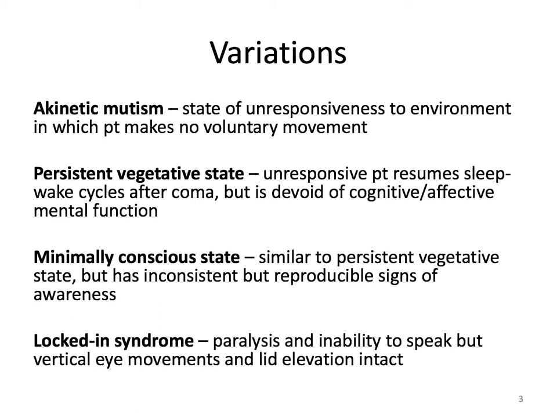A minimally conscious state is similar to persistent vegetative state but has inconsistent but reproducible signs of awareness. Finally, in locked-in syndrome, there's paralysis and the inability to speak, but vertical eye movements and lid elevation are intact.